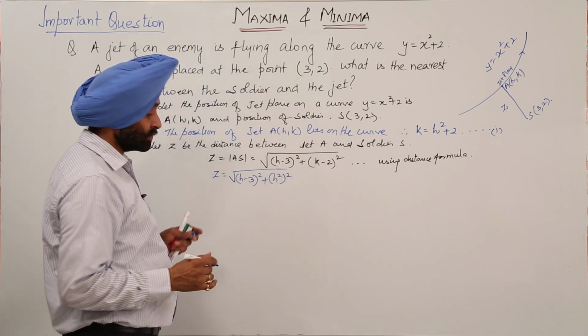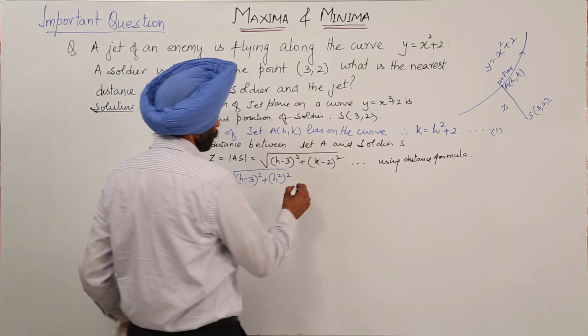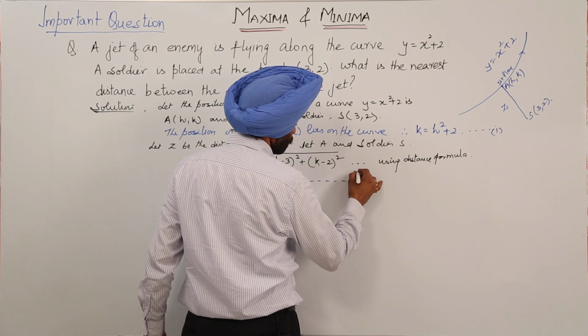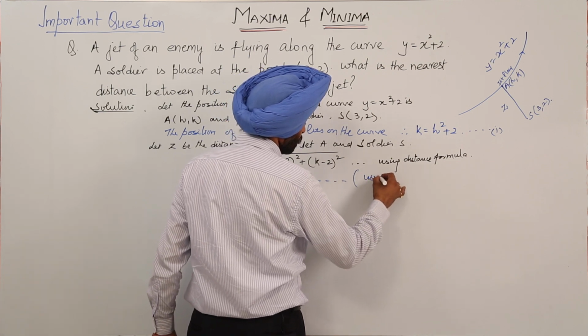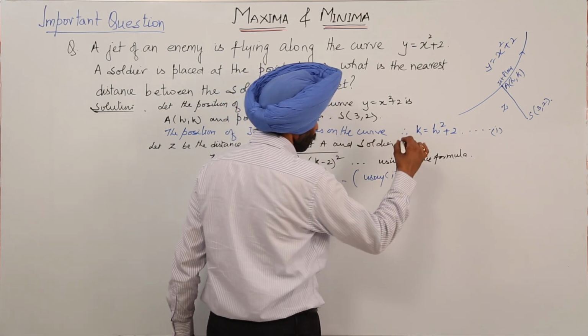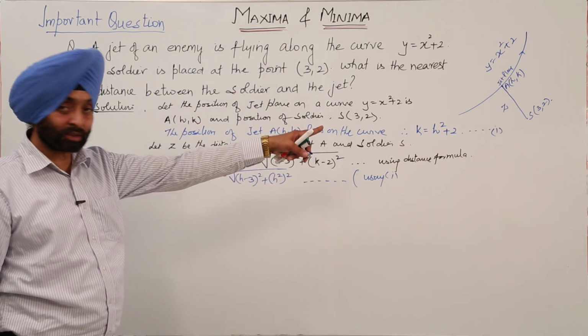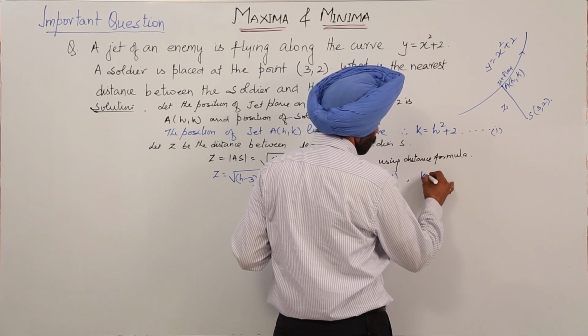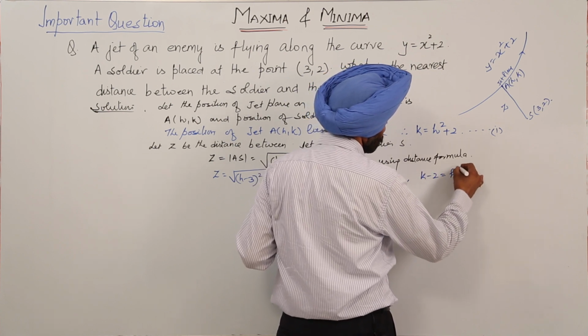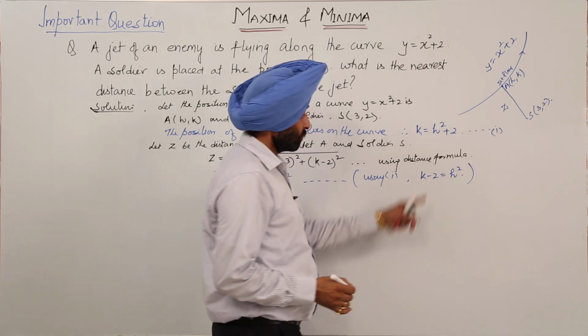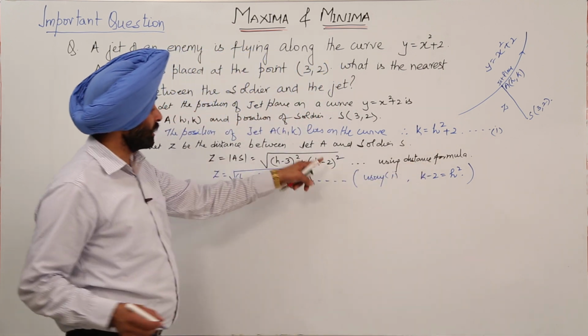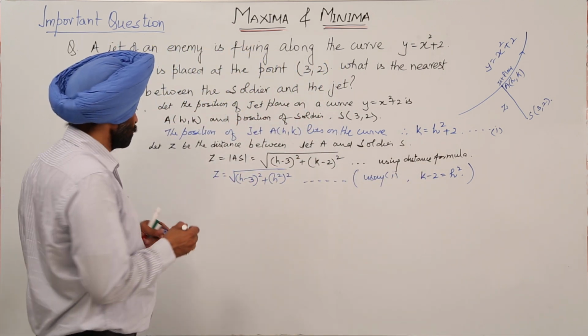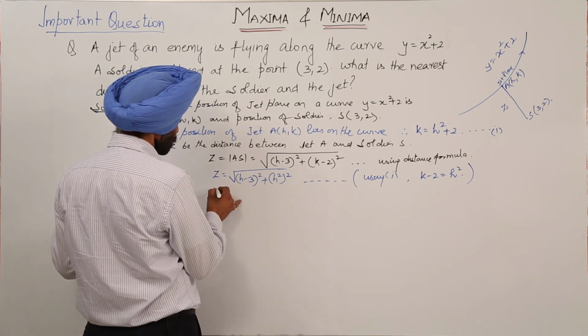Now dear guys, where did I get this from? I got it using 1. We have k minus 2 is equal to h square from this one, so in place of k minus 2 we have put this.